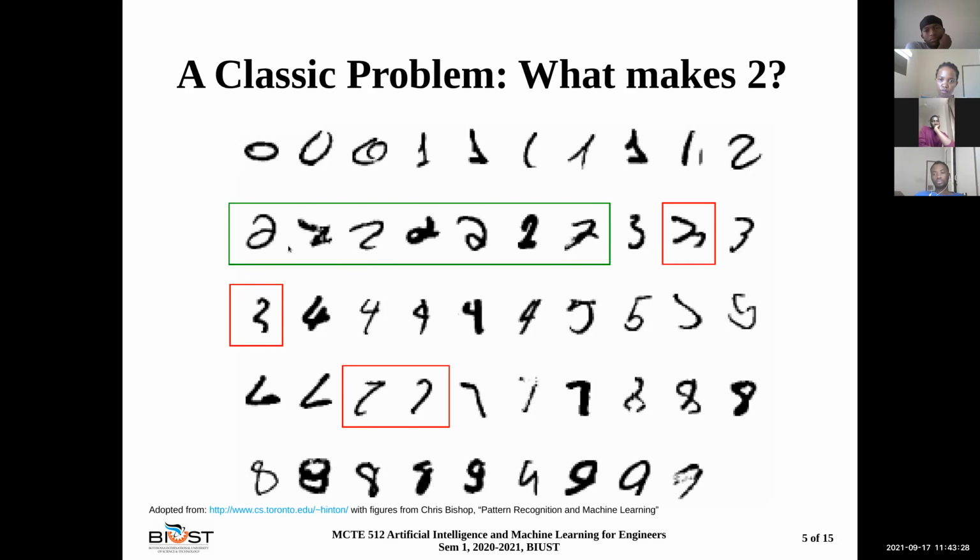These are the variations of how a human person will write number 2, depending on the country, depending on the culture, depending on many other aspects. For example, if you are Chinese, the way you write number 2 is related to how you write the characters. Your hand is trained some way to write number 2.